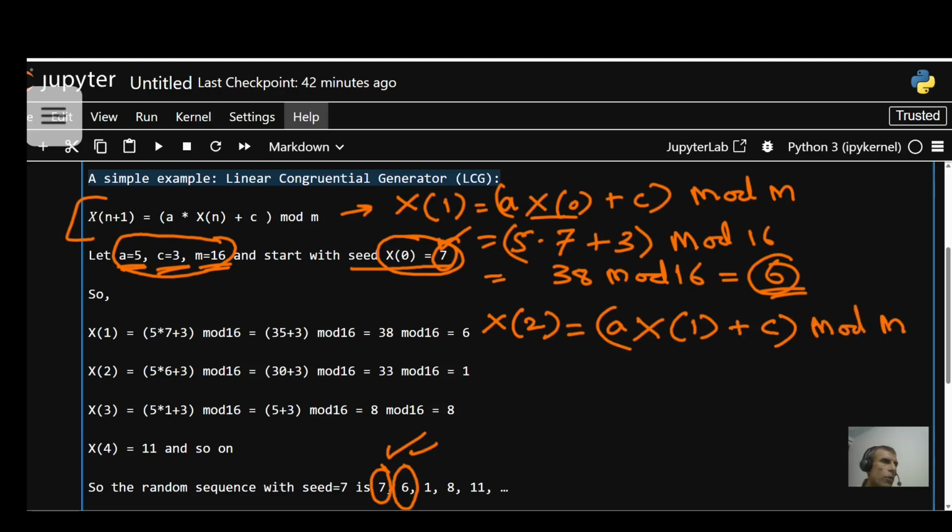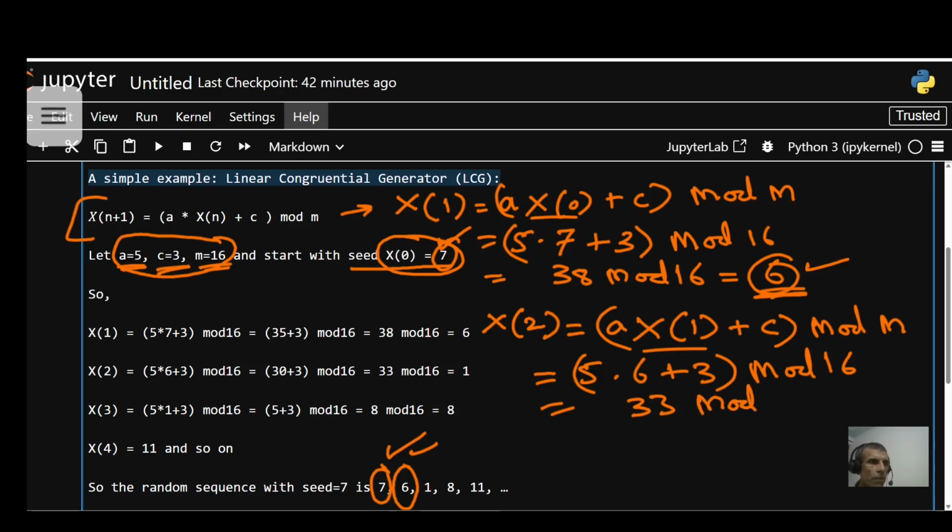Notice what's changing: this is now x1. So this becomes 5 times x1, which is 6, plus 3, and then mod 16. 5 times 6 is 30, plus 3 is 33, and 33 mod 16 is 1, because 33 divided by 16 leaves a remainder of 1. So your next pseudo random number is 1.